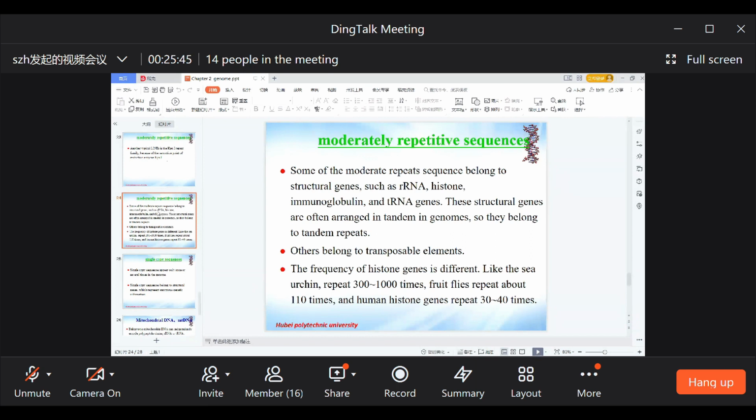You can see some of the moderately repetitive sequences belong to structure genes, for example ribosomal RNA, histone protein, immunoglobulin, and tRNA genes. Here, these structure gene products you must remember: histone, tRNA, ribosomal RNA, immunoglobulin.